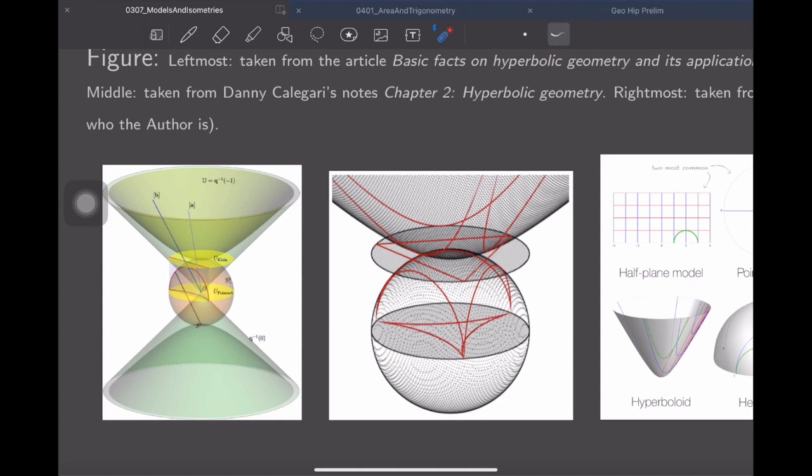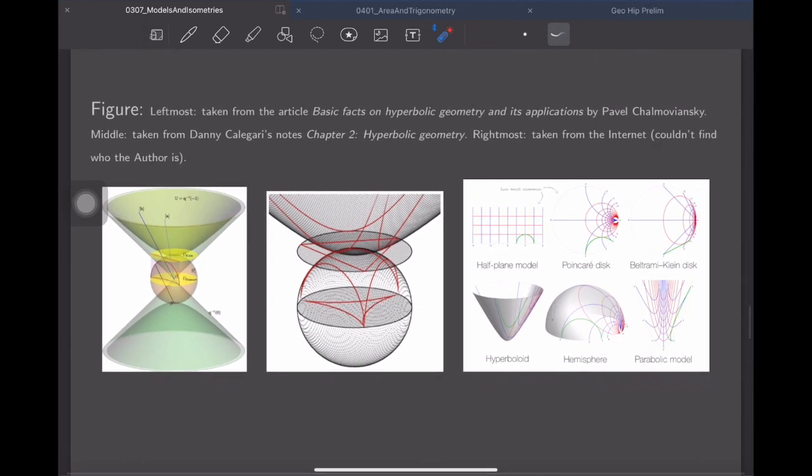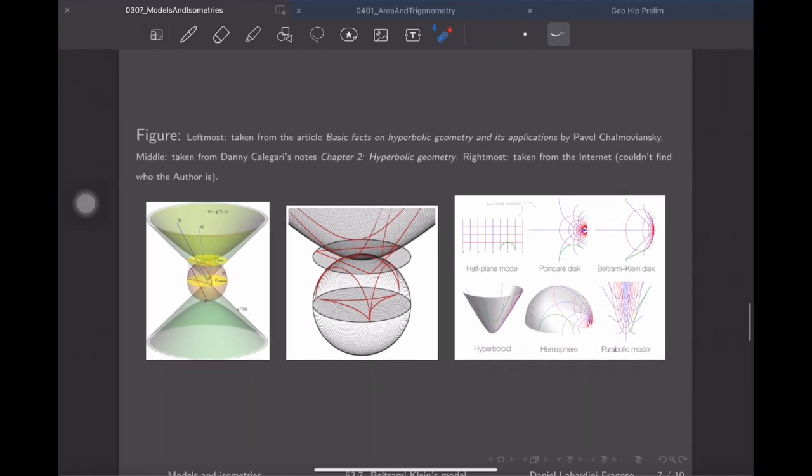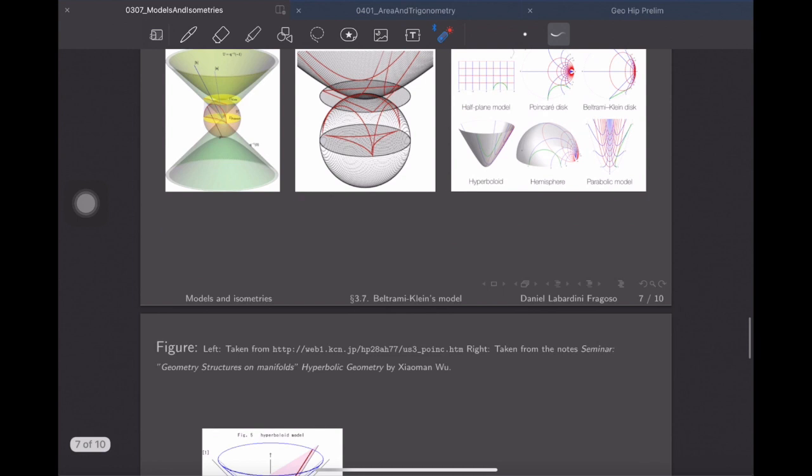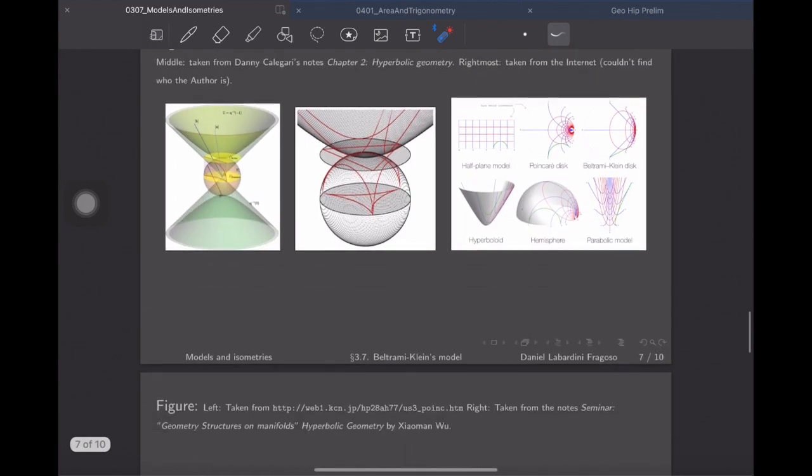So the advantage of the Beltrami-Klein disk is that hyperbolic convexity coincides with Euclidean convexity. Whatever you know about Euclidean convexity, you automatically know about hyperbolic convexity in the Beltrami-Klein model.